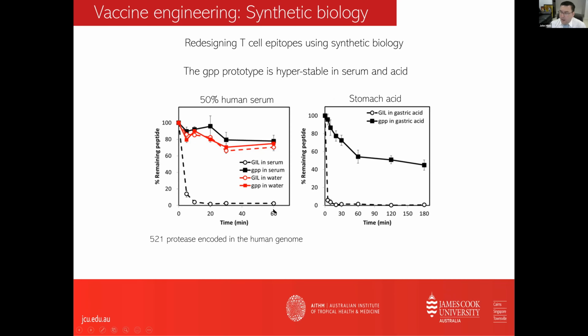We thought we'd throw it in simulated stomach acid, human stomach acid, minus all the proteases, which can be up to 250. And the same thing happened again. The wild type peptide was gone in 10 minutes, and the synthetic was having a bath after 3 hours.